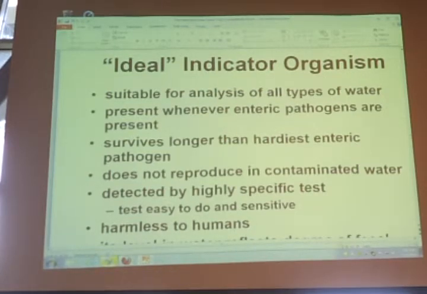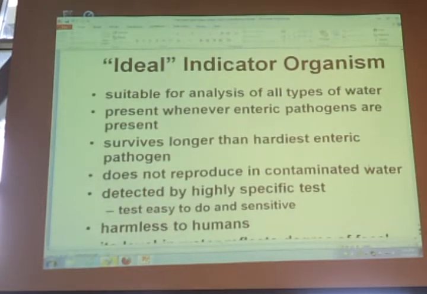Does not reproduce in contaminated water. We don't want them reproducing. We don't want extra organisms being there, but also we want to have an idea how much contamination is there. So if the organism is reproducing in the water, then we end up having a false idea of how much is there.